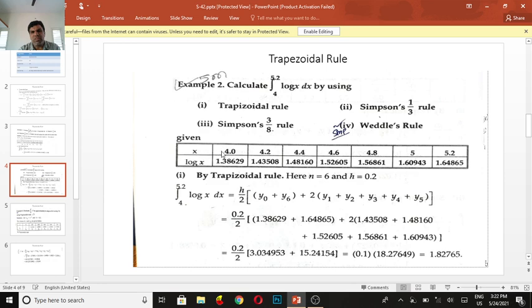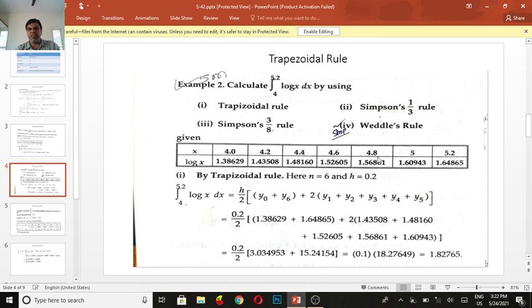For the given x, the corresponding value of log x is 1.38629. If x equal to 4.2, the corresponding value of log x is 1.43508. If x equal to 4.4, the corresponding value of log x is 1.48160. If x is 4.6, the corresponding value of log x is 1.52605.